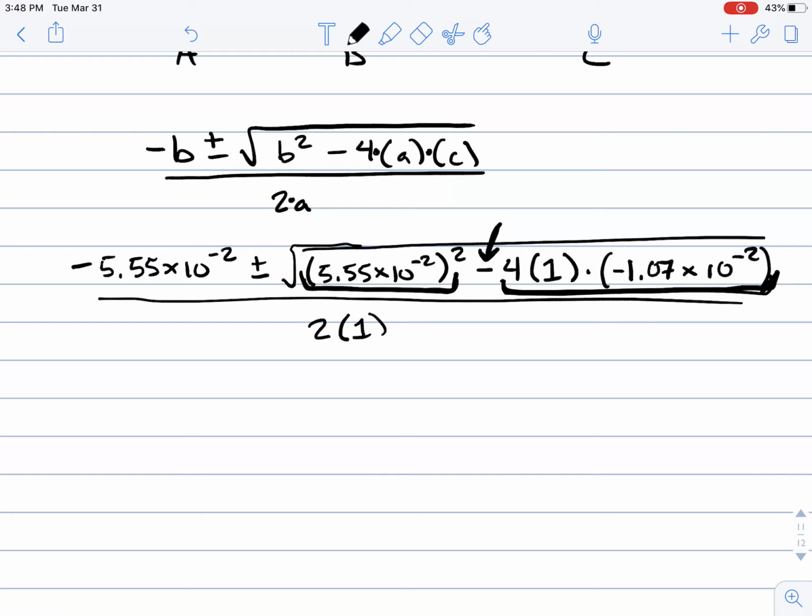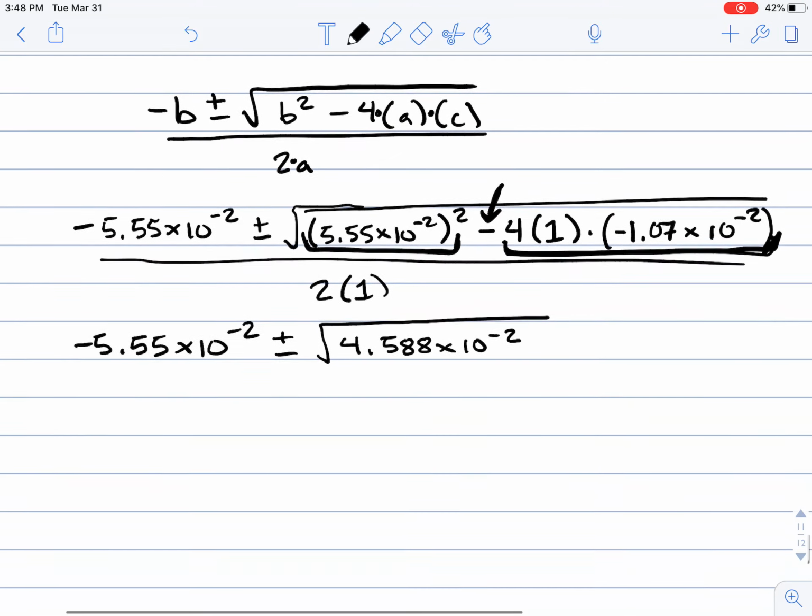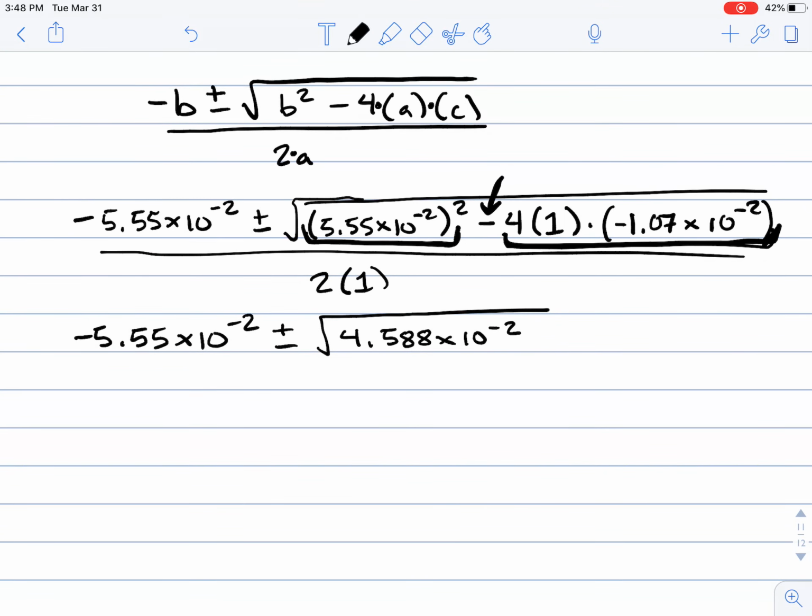And if you do it correctly, you will get 4.588 times 10 to the negative 2. At this point, I'm not even going to worry about sig figs. There's just too many things going on.